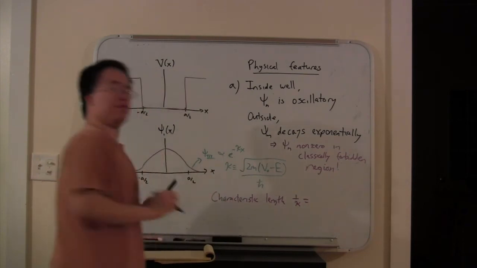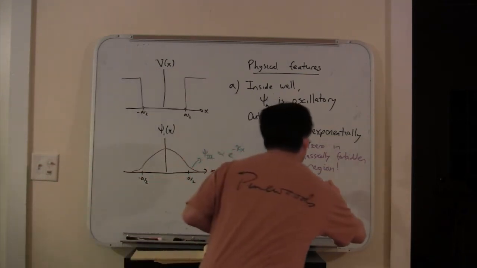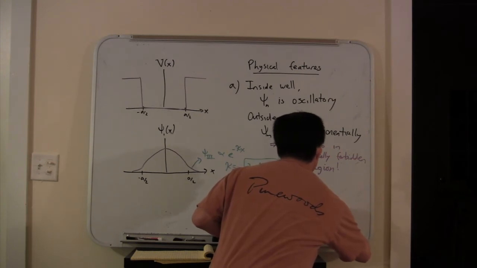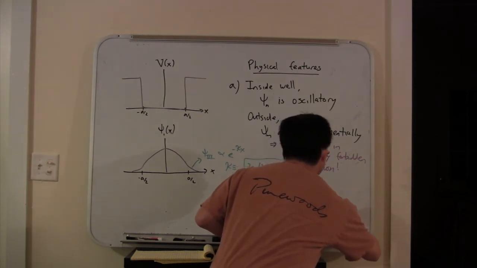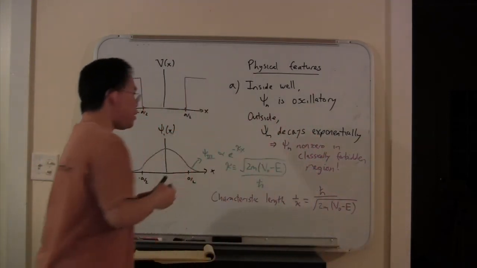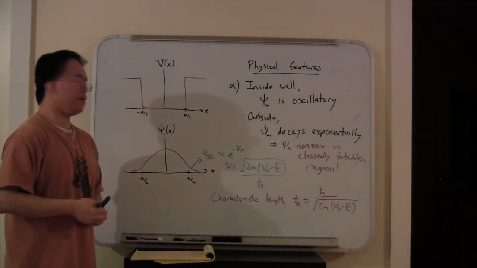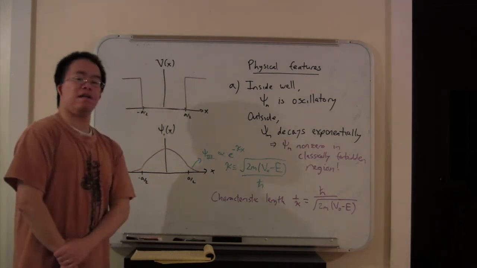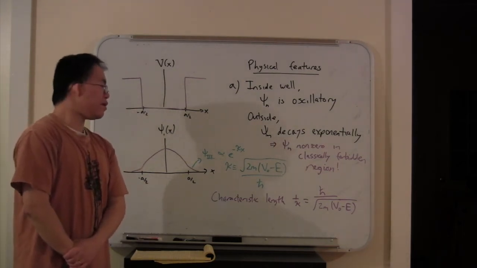If I just do that math for you, we get h bar over root 2m (V naught minus E). Right, so there's one thing that's interesting, and you'll be able to see in the simulations, right?